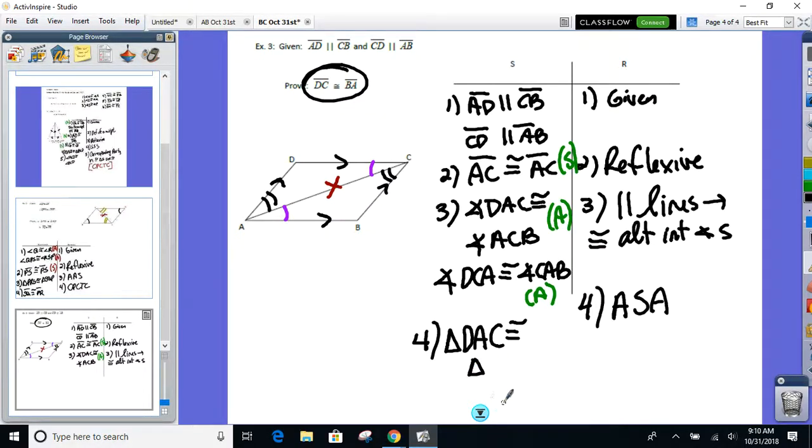But if I go ACB, AC has to match up with itself, right? So what's angle D match up with? B, right? And then angle A down here matches up with angle C. So BCA.